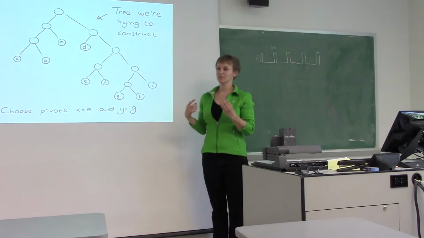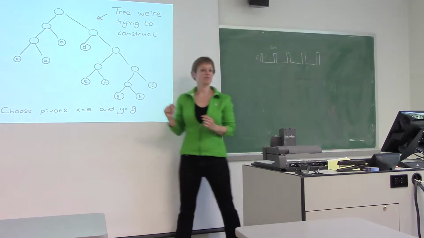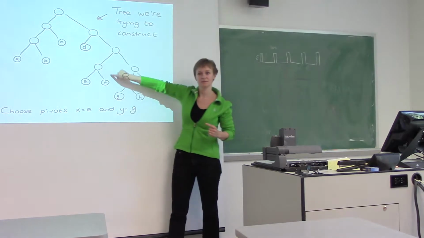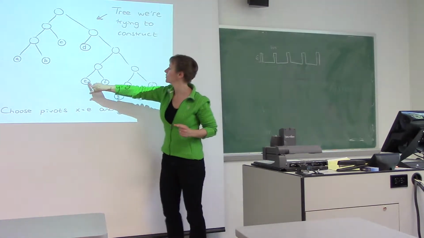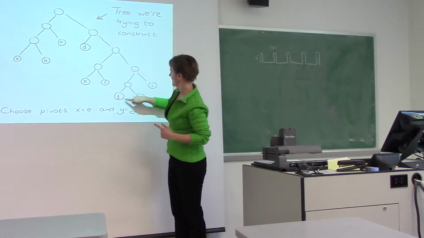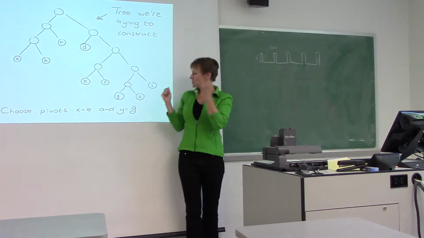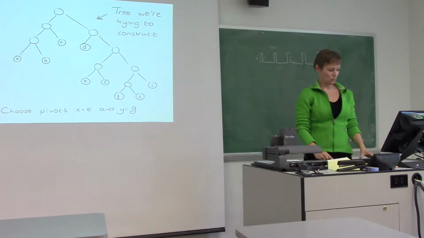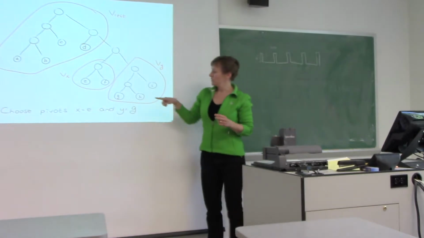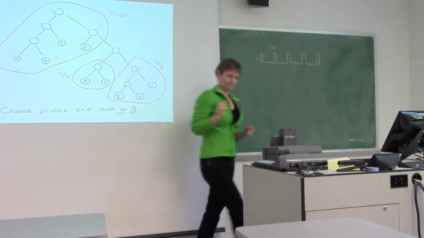That's all the elements that split off from G before they split off from E. So E's bag is going to be just this. These are the ones that are closer to E than they are to G. These are closer to G than they are to E. And then for this whole bunch up there, E and G are closer to each other than they are to these elements. So we pick E and G, and that makes us divide the elements into these three bags.